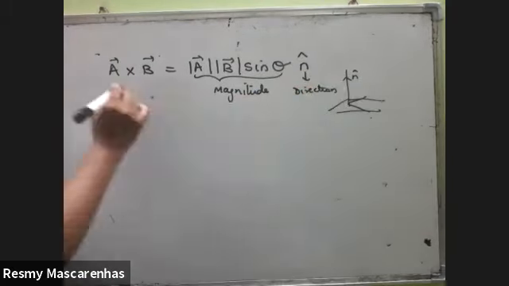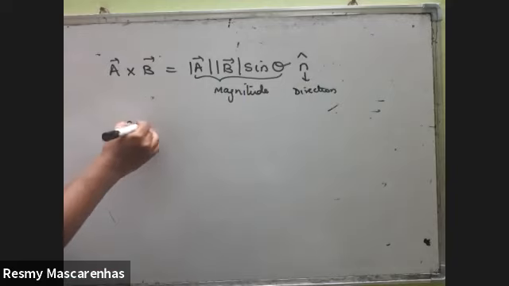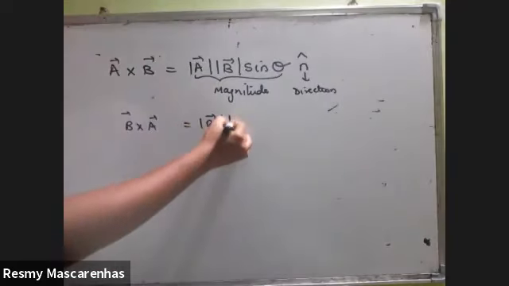This fellow is used to indicate the direction. So B cross A will be minus n cap. Why? Because these letters are reversed.